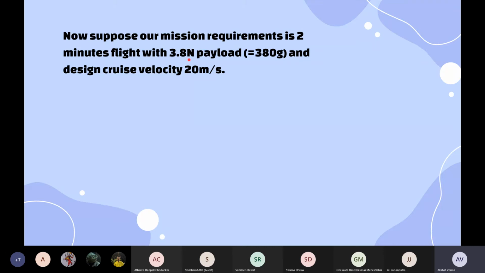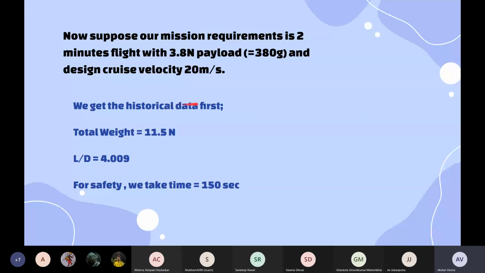Also, we need to carry a 3.8 Newton payload, that is nearly 380 grams. So this is the payload which we need to carry with our aircraft. We have also been provided the cruise velocity, that is 20 meters per second. Accordingly, we need to iterate the weight estimation process in this example. Let's look at how we do that.